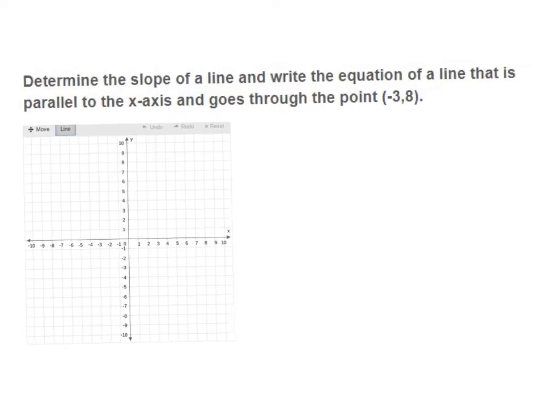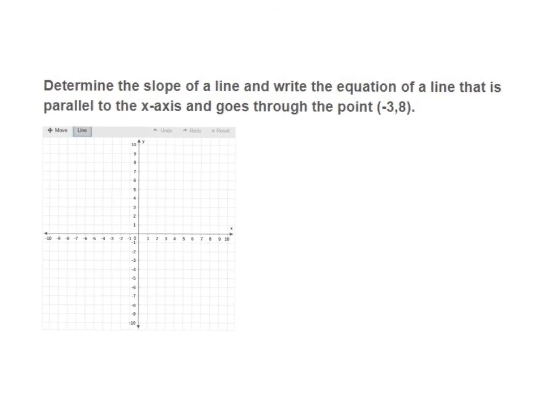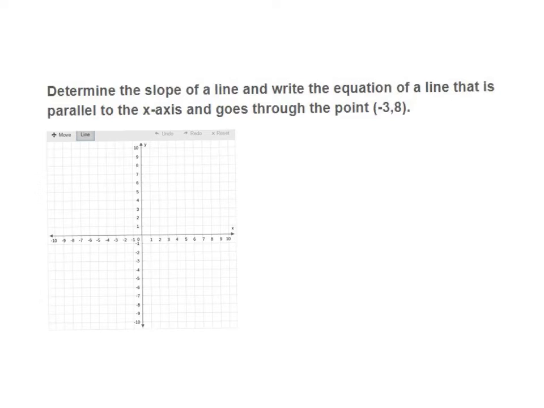Here's our first one. This says to determine the slope of a line and write the equation of a line that is parallel to the x-axis and goes through the point -3, 8. Okay, if it's parallel to the x-axis, then it is going to be a horizontal line.